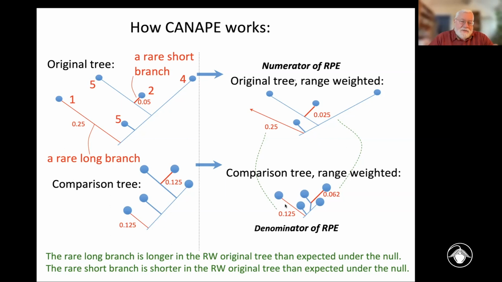So it's going to be influencing that RPE ratio to be big. The short branch is longer in the range-weighted tree than it was in the original tree, which is going to push us to the side of neo-endemism for an area, especially if there's other confirming taxa like that.